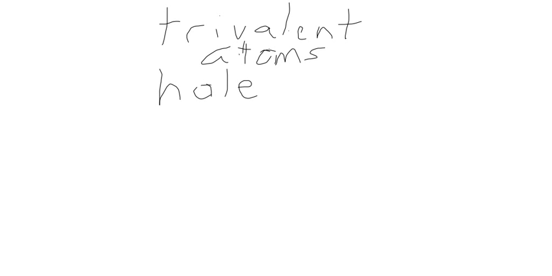Now these holes also act as charge carriers. A hole really doesn't exist. A hole is a hole, but electrons will jump from hole to hole if voltage is applied, and it gives the effect that the hole is moving through, and the hole acts like a positively charged particle.